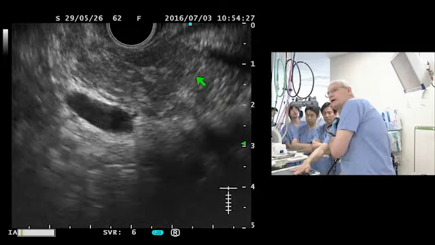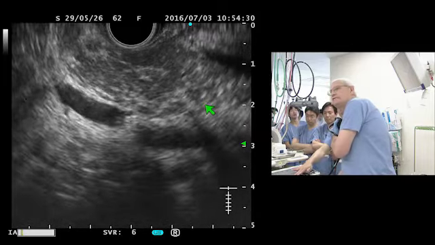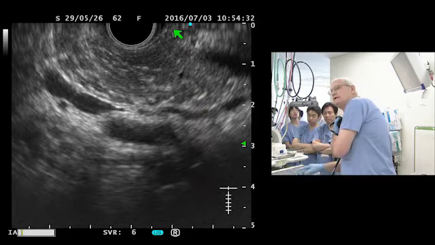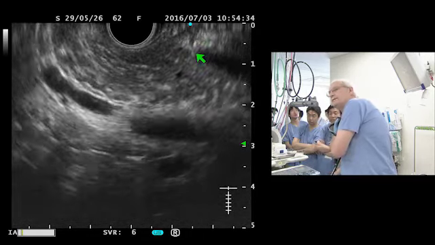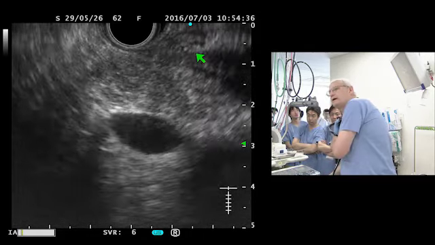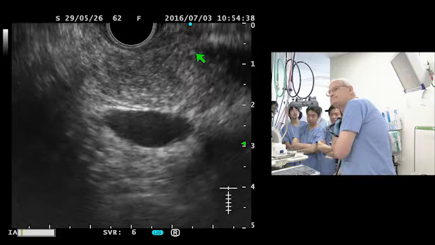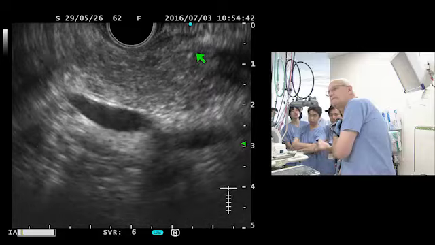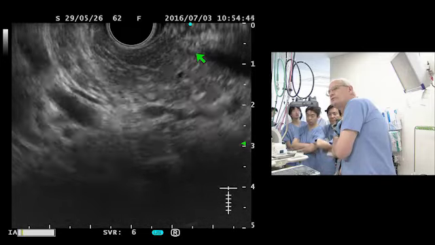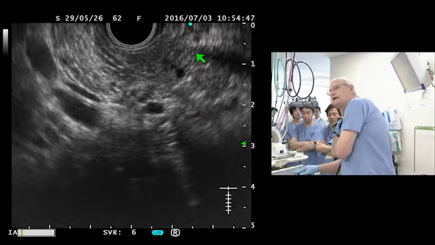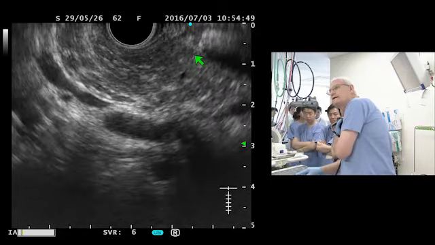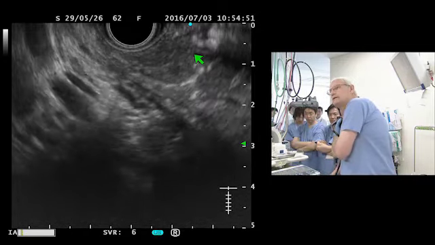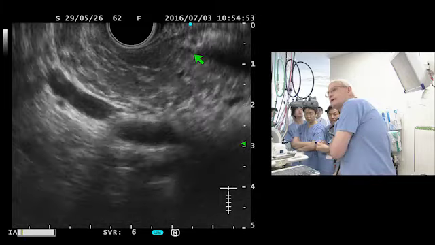There's the uncinate process, the deep part of the pancreas. And then I believe that coming into here will be my bile duct and my pancreatic duct. So I'm just sort of slowly coming back. At this point, torquing a little bit counterclockwise. Here I think is a pancreatic duct. Here, I think.